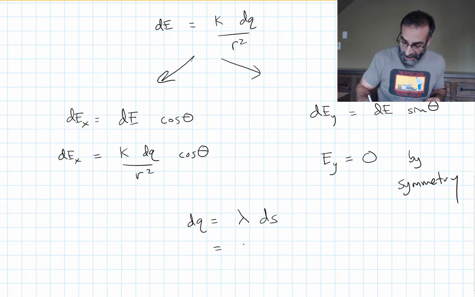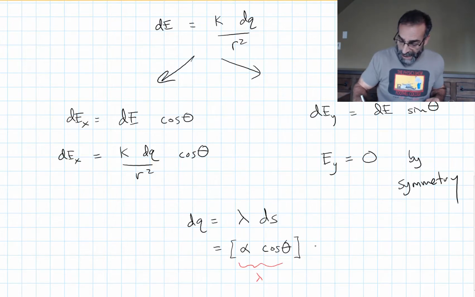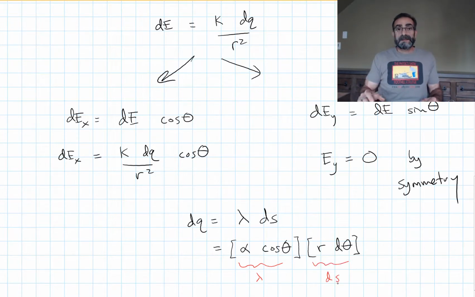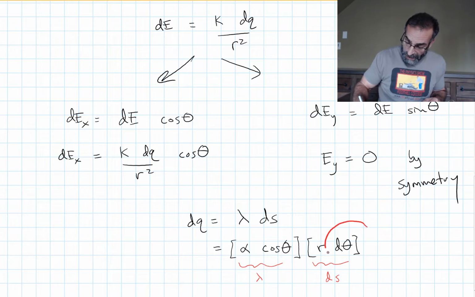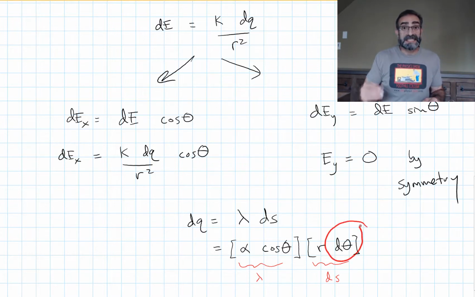So in this case, we would plug in alpha cosine theta for our lambda, and our ds is going to be r d theta. Now we know that we want everything to be in terms of theta. We have a d theta here. That's what we're going to integrate over.